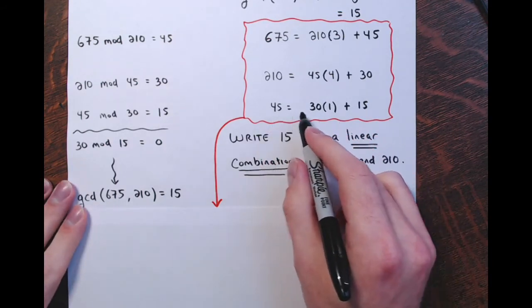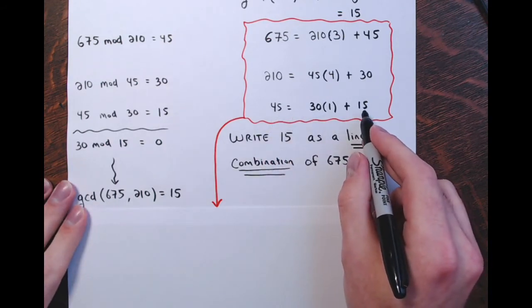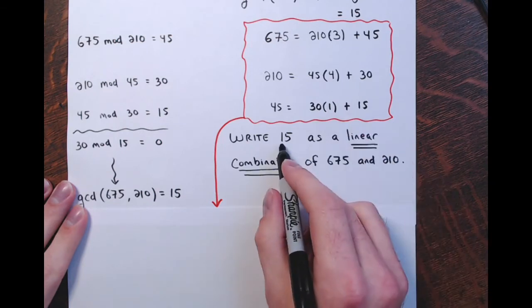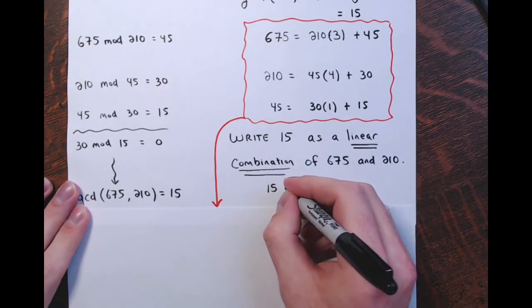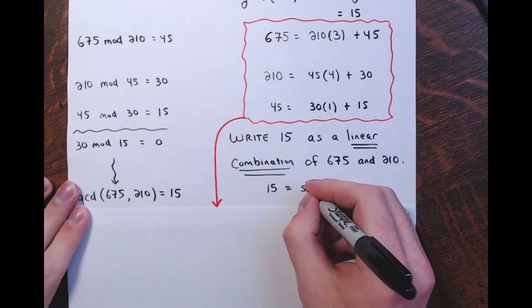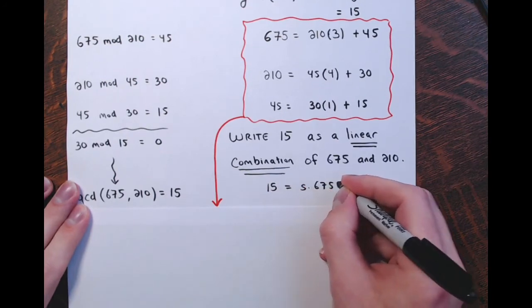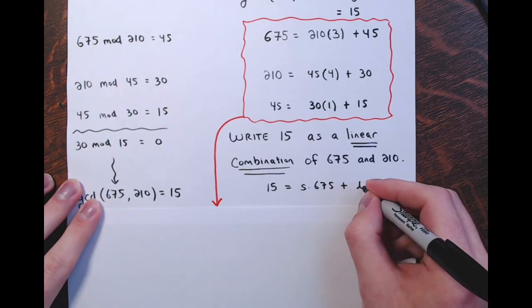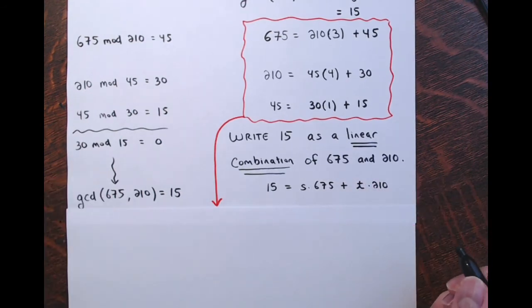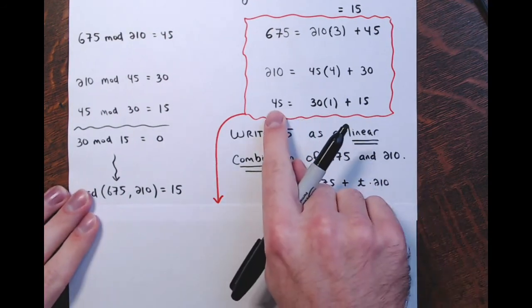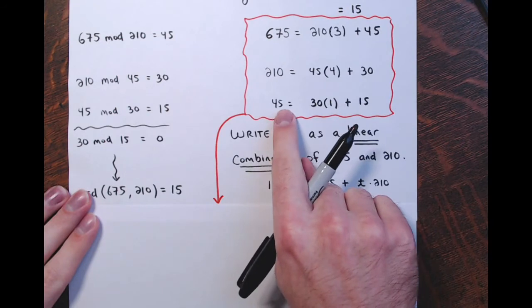So in the last statement, I'm going to solve for the 15, because I want to have 15 equals some integer s times 675 plus some integer t times 210. I want to have 15 alone in the beginning here. So in this last statement, I solve for 15.